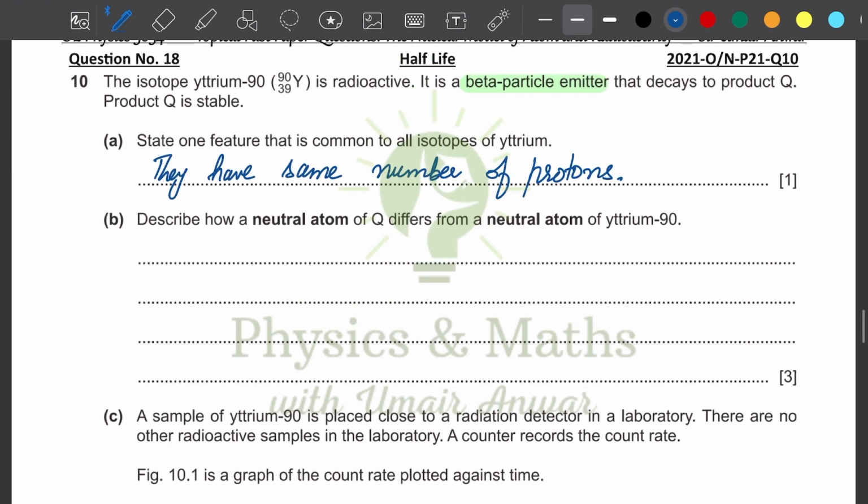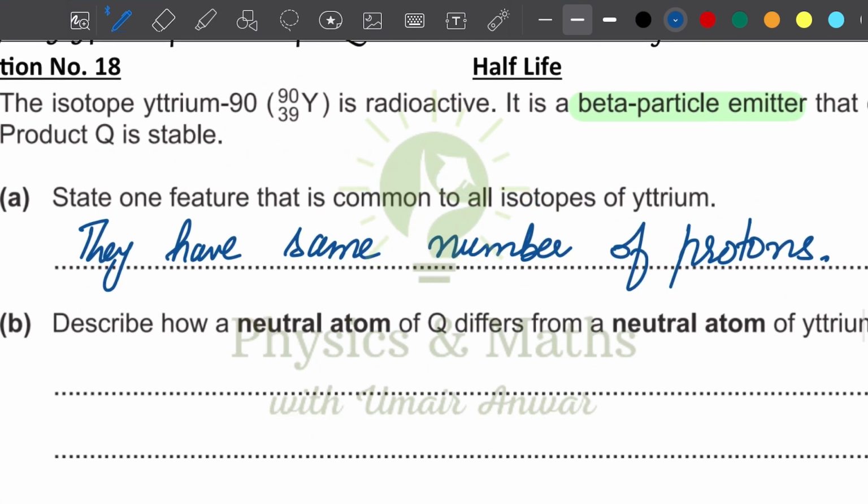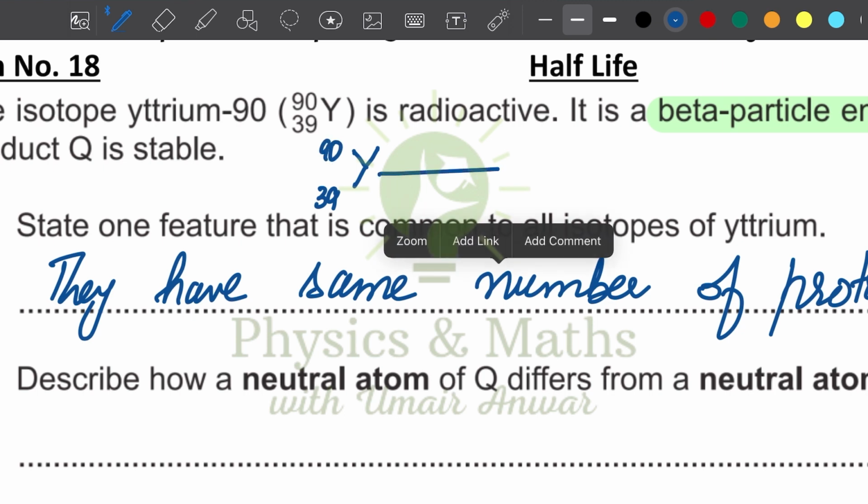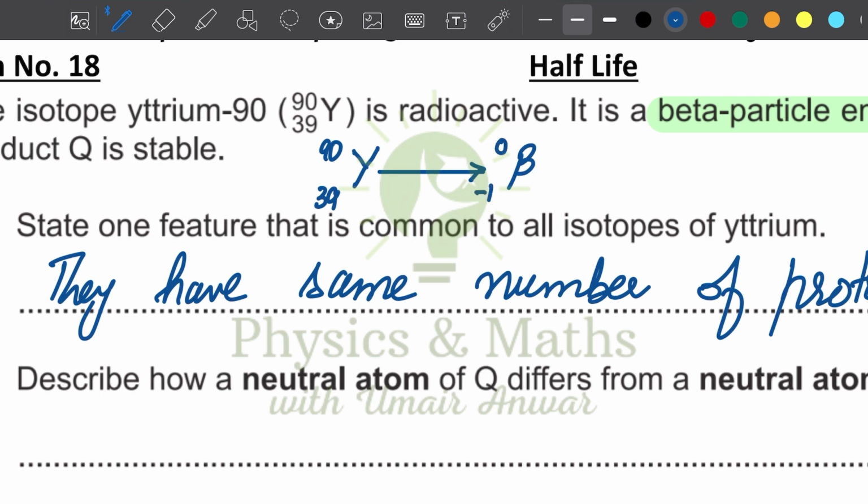Describe how a neutral atom of Q differs from a neutral atom of yttrium. Since product Q is being formed when yttrium is undergoing a beta decay, let me write the equation first. We are starting with yttrium-90, with 39 protons. When it undergoes a beta decay, it emits a beta particle whose charge number is -1 and mass is 0, and a product Q is formed.